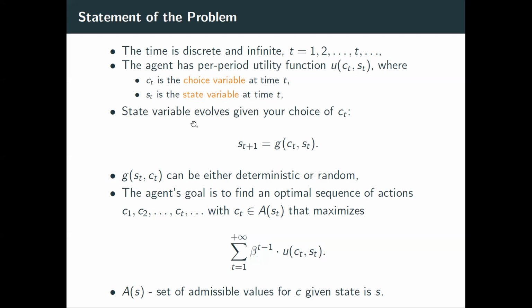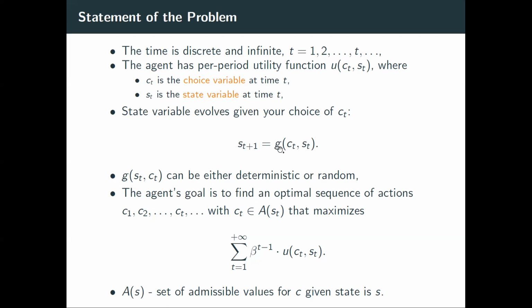And how do they relate? They are related this way. A standard example: you have some fixed budget for a month, with your salary, let's say, and clearly, the more you spend today, the less savings you will have tomorrow. Therefore, we assume that the state variable changes depending on which choice variable you chose.